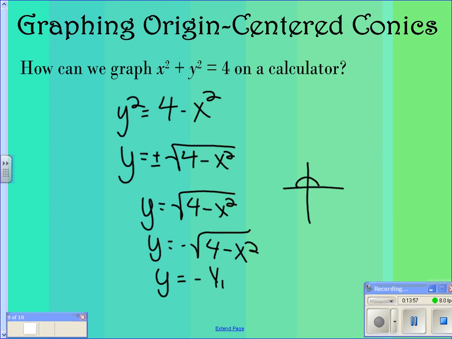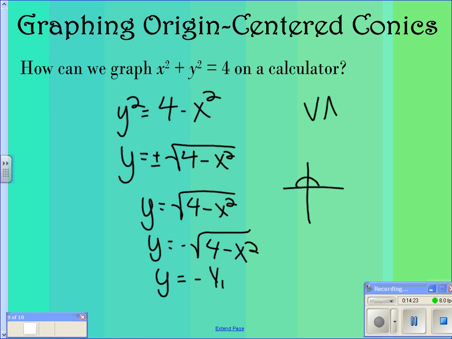I'll have to come back to that, but that's what you can do. You can just do negative y1. Let me think a minute about where it would be. Where is it? Yeah, I'm there. Oh, function. There it is. Thank you.